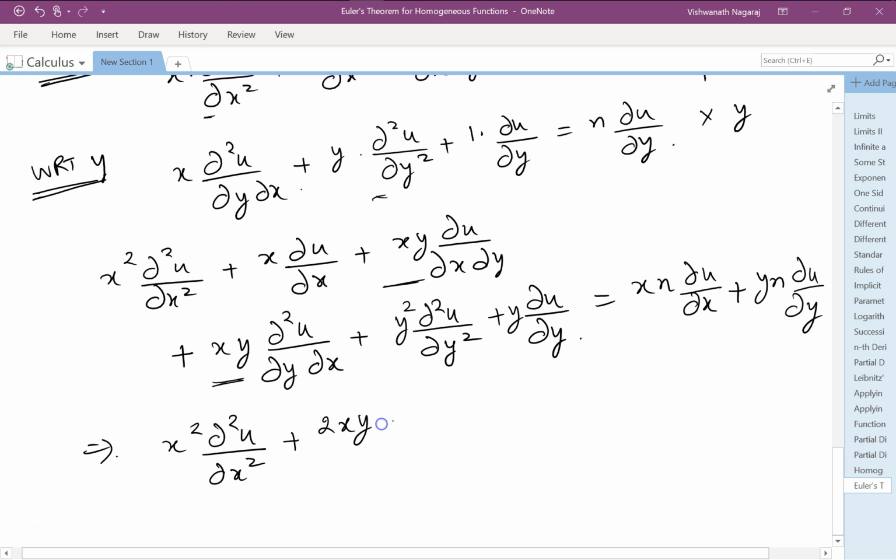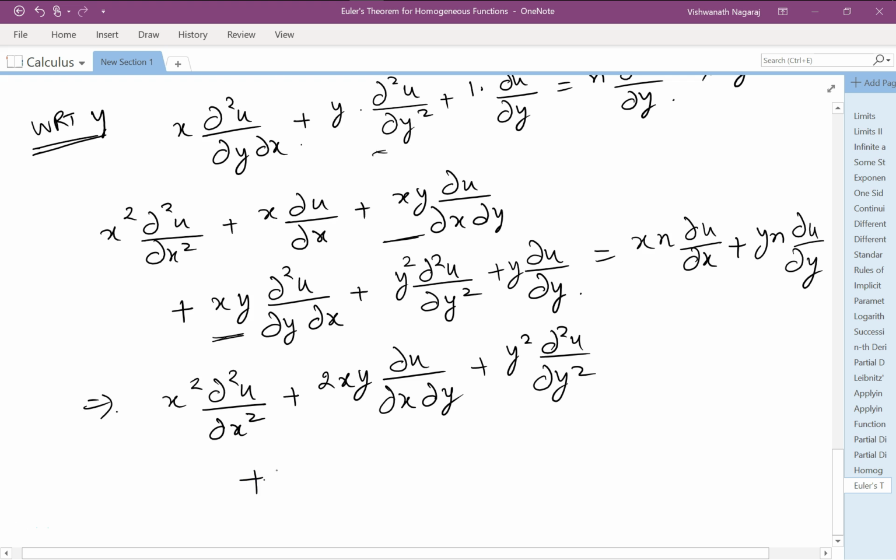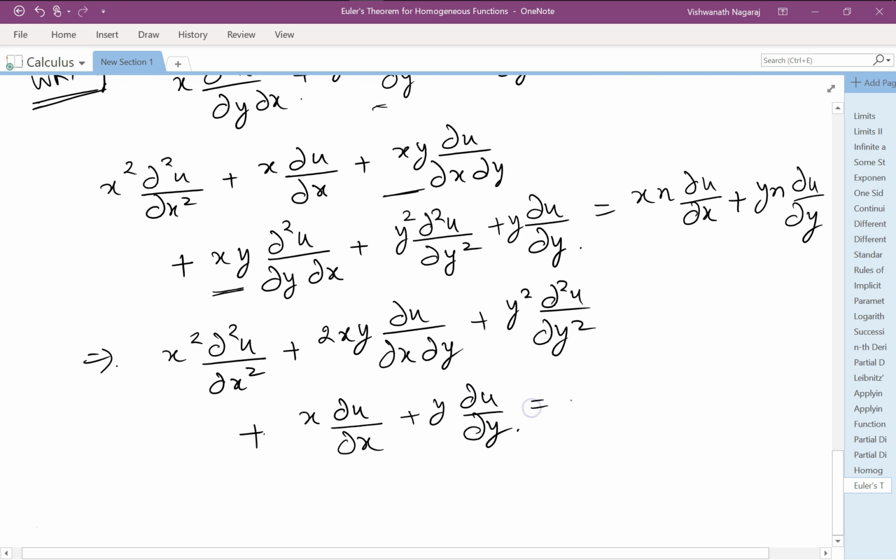So 2xy ∂²u/∂x∂y plus y² ∂²u/∂y² plus, now we are left with what? x ∂u/∂x plus y ∂u/∂y is equal to, now keep track of that number of terms, 1 2 3 4 5 6, 2 have got merged into 1, we have added these two, so 5.